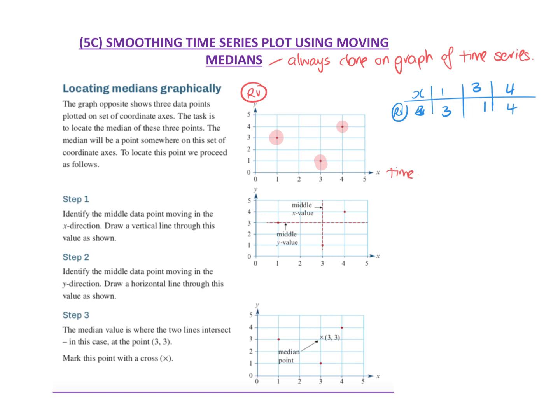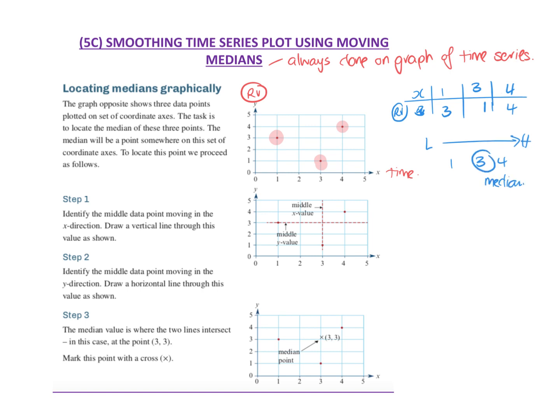If you were finding the median of 3 numbers, you would put them in lowest to highest, and so that would be 1, 3, and 4. We're looking at their Y values, and this one would be the median value.